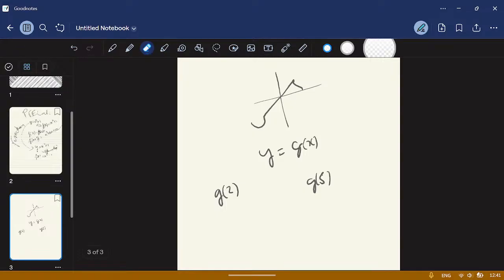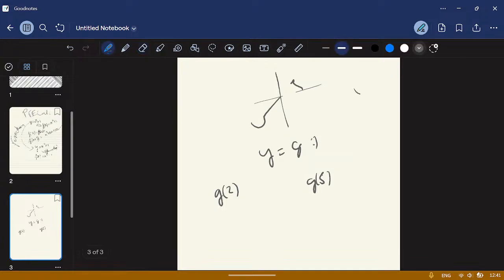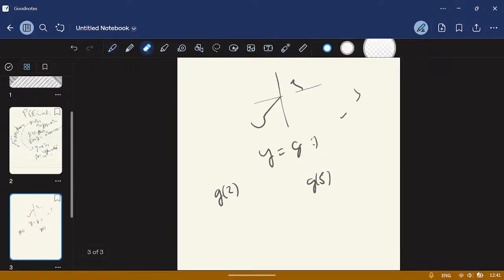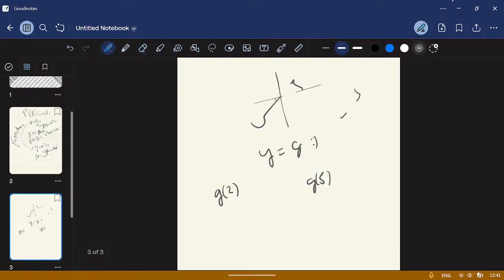Yeah, she calls it the vertical line test. So g of 2 would be, you just have to find the 2 value on the y-axis.